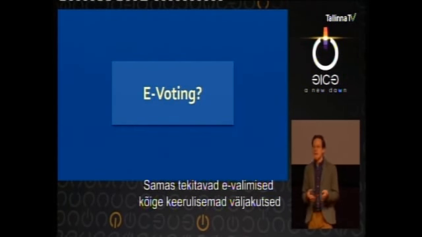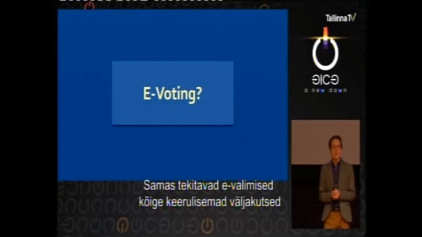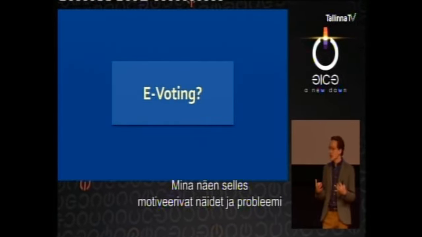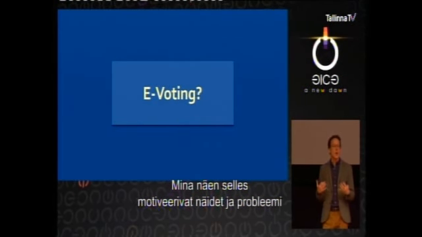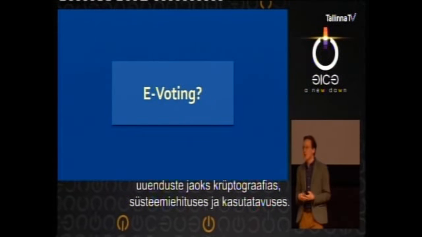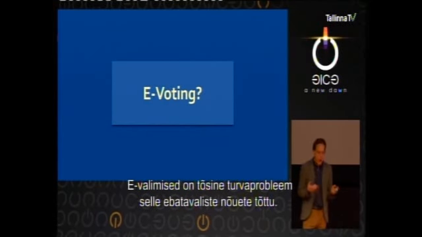At the same time, e-voting raises some of the most difficult challenges in the field of computer security. And so I see it as a motivating example, a motivating problem for advances of all kinds in cryptography, in systems construction, and usability.